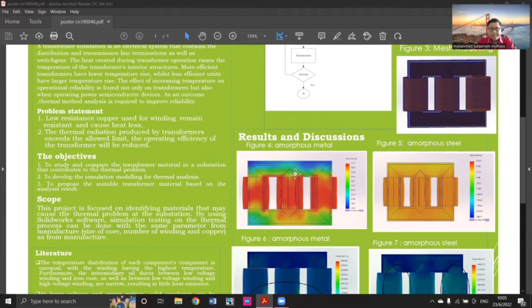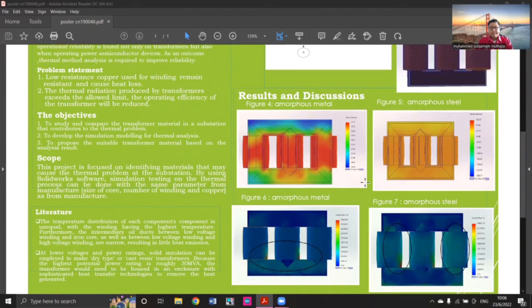From the temperature, we can see that the metal temperature on the leg core and the winding is hotter, or the temperature rise is on the winding only, but on the steel, all the surface will get the same temperature, which is the voltage temperature, and the voltage of the temperature will make the surface of the core the same.